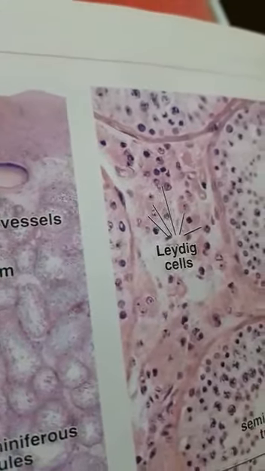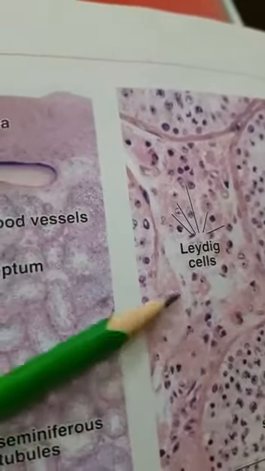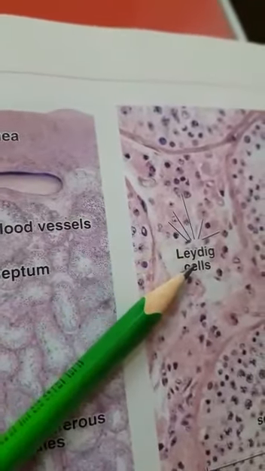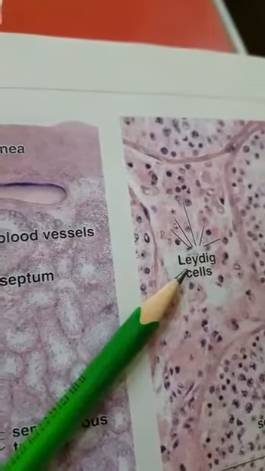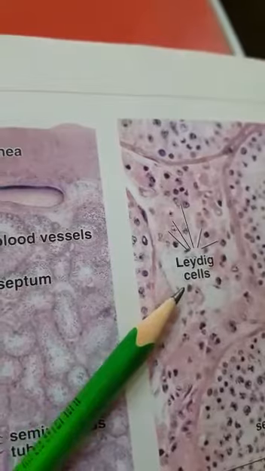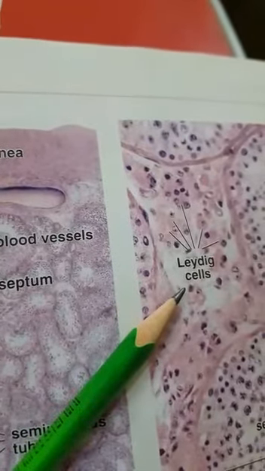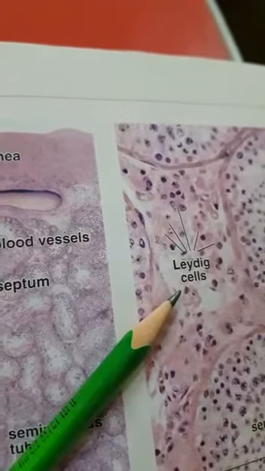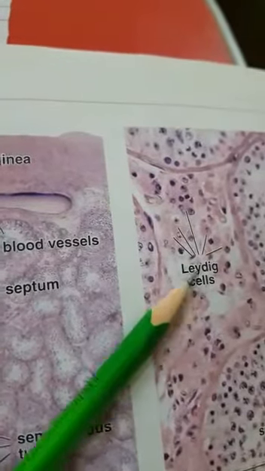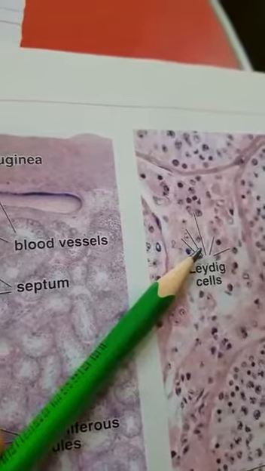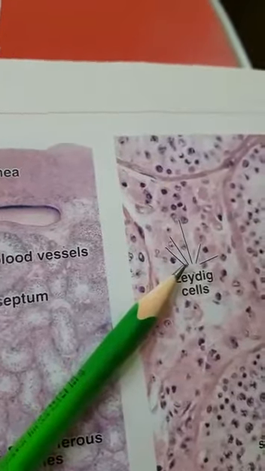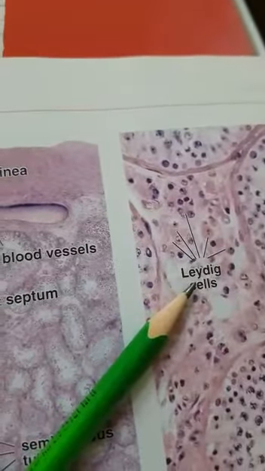The Leydig cells basically produce the hormone testosterone. They are typical steroid-secreting cells because they are well laden with lipid droplets. Abundant mitochondria are present with tubular cristae. There is a well developed Golgi apparatus, and abundant smooth endoplasmic reticulum is also inside these Leydig cells.